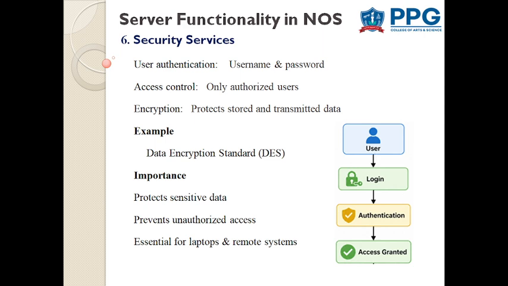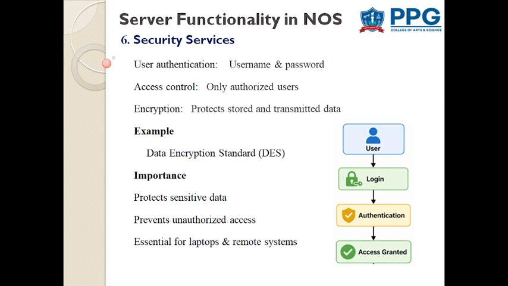Next one is security services. Security is very important in networks. User authentication, that is a user name and a password. Then access control. Only authorized users can access the applications. That login has encryption, which protects stored and transmitted data. For example, the encryption method we have to use here is Data Encryption Standard, that is DES.